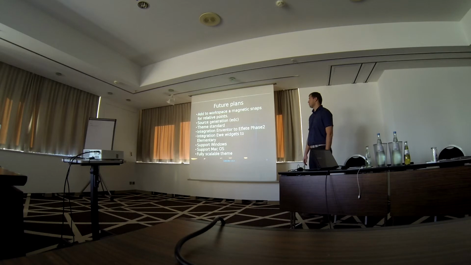Future plans, I think it's all for next year. First of all, magnetic snaps to workspace, like in GIMP. I move some lines and can snap from one line to a second.